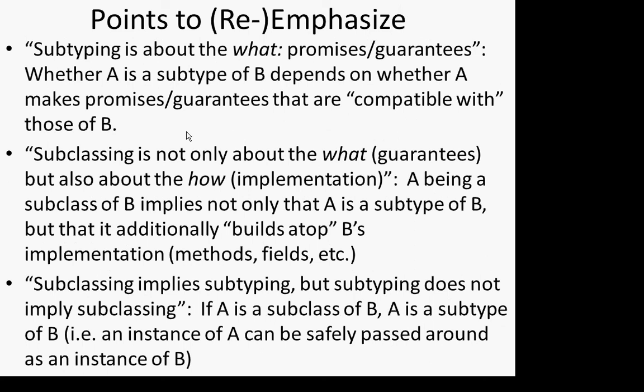Okay? If A is a subclass of B, A is a subtype of B, but the vice versa is not the case. Okay? So we're going to build on this next time to look at the Liskov substitution principle and see how to prevent yourself from tripping up on it, like so many people have within the object-oriented area.